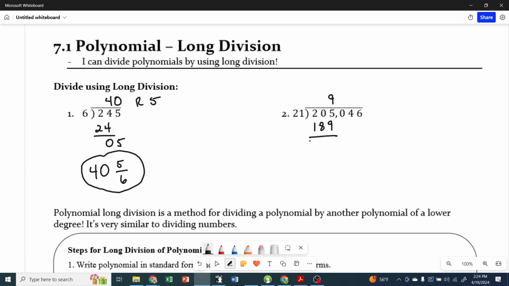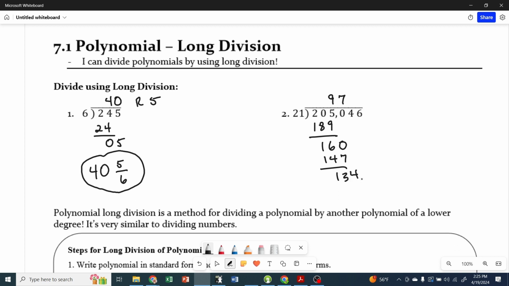We subtract 205 minus 189, and I've got 16. So we bring down the 0. 21 goes into 160. It doesn't go in 8 times, but it does go in 7. So this is 147. And we've got 13. Bring down the 4.